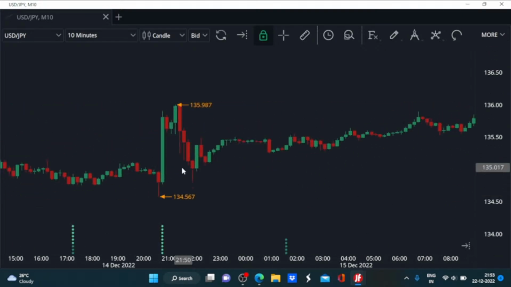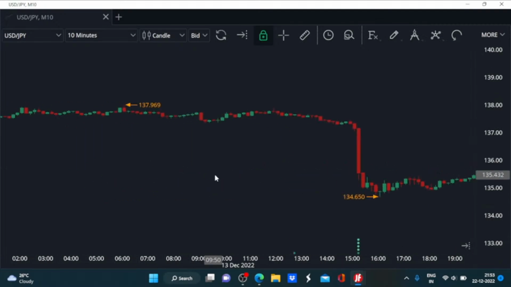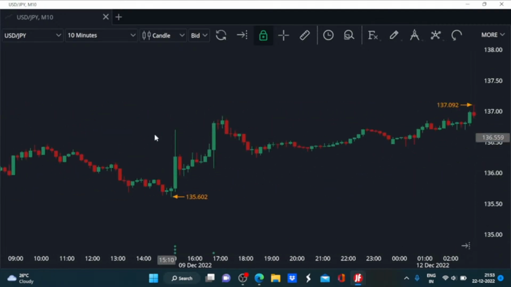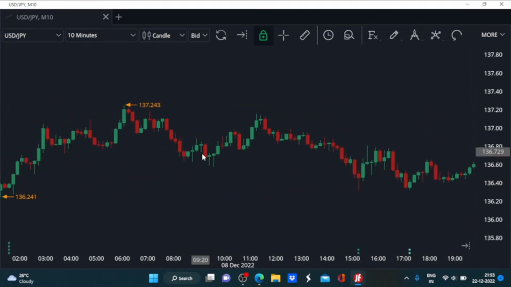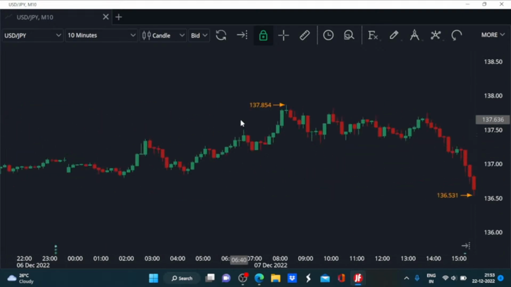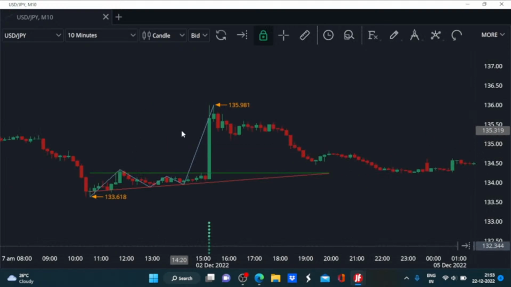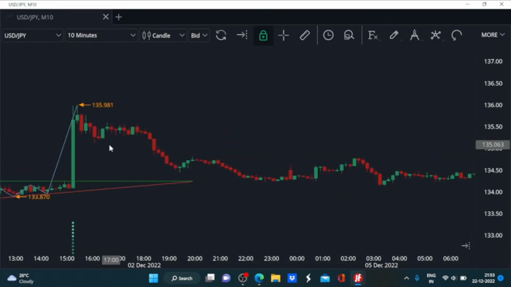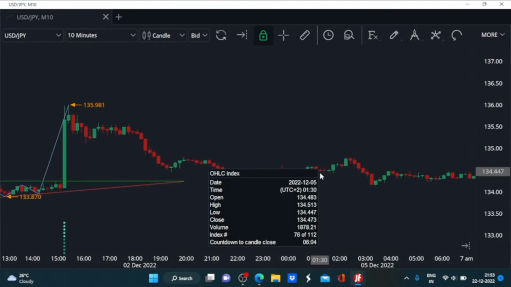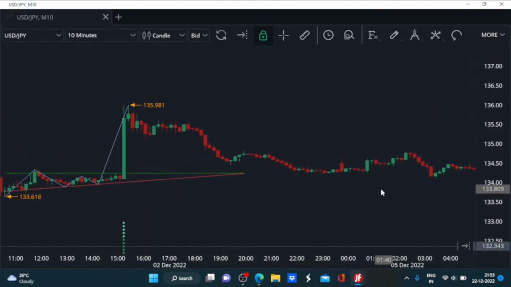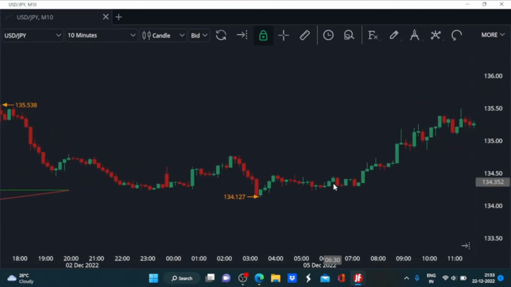Now I have changed the candlestick period to 10 minutes, and I am not getting these instances of triangle pattern, ascending triangle pattern formation. Here we got this with this sharp move on the higher side. It will always be a difficult place to place a new trade.